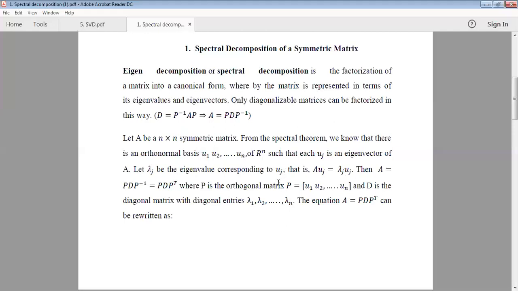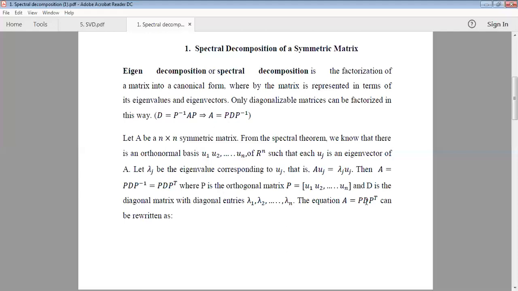Then A equals PDP inverse, which equals PDP transpose, where P is the orthogonal matrix P equals [u1, u2, and so on un], and D is the diagonal matrix with diagonal entries lambda 1, lambda 2, and so on lambda n.